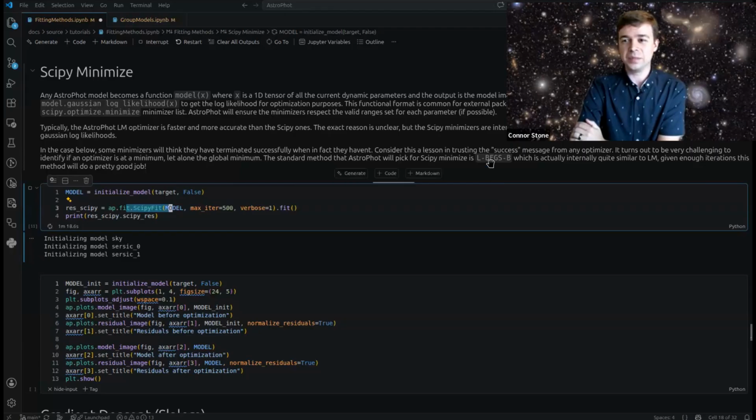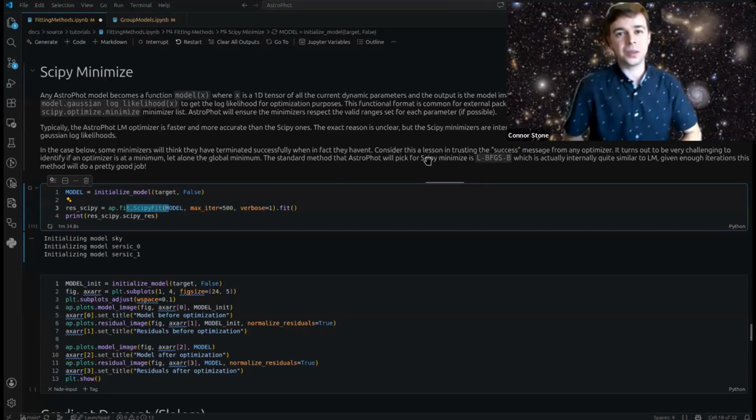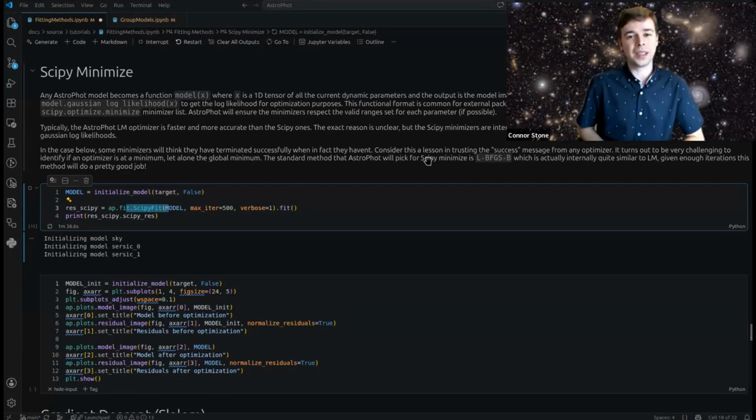And I should mention as well that all of the SciPy fitters have a criteria for success in them, so they can tell when their optimizer should stop running. Unfortunately, those success criteria are not always sufficient for astronomical image fitting.